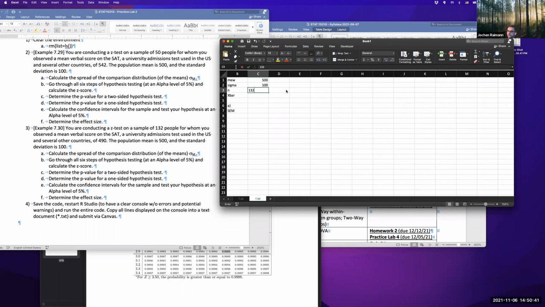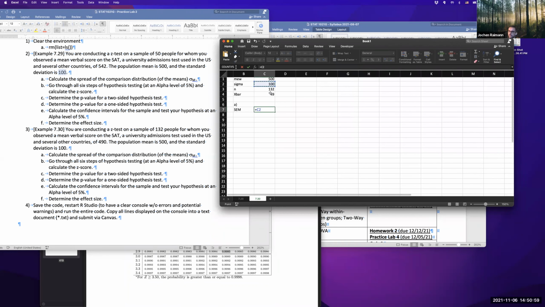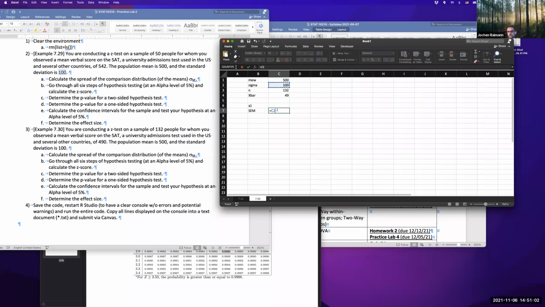With an n of 132 and an x bar of 5490. So again, same story, right? Standard error of the mean equals sigma divided by square root of the n, which is 8.7.